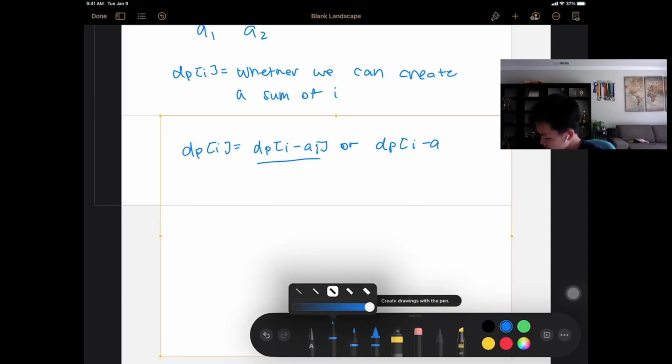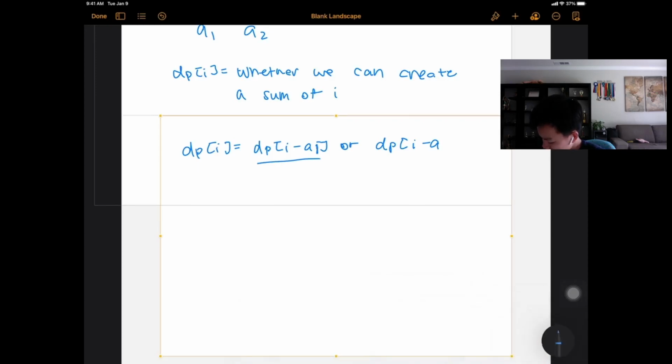Since we can only use a1 or a2, it should be DP[i - a1] and DP[i - a2]. If either of these is true, then we can make DP[i].